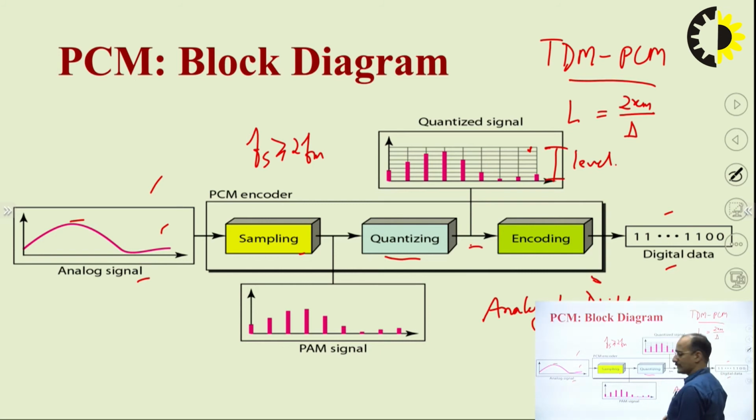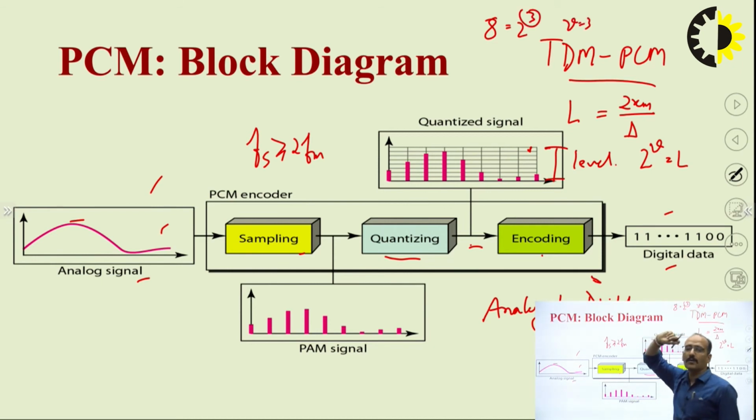Now the third part is encoding. In the encoding process, what are we doing? These levels are assigned various codes, where 2 to the power n is equal to L. Means if there are 8 levels, then 3 bits, n equal to 3, are used to encode these levels, and as per the 3 digital units, from 000 to 111, each level has a different code as per this 3 bit arrangement.